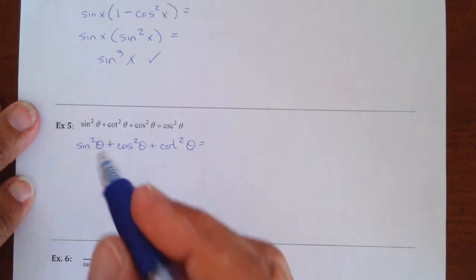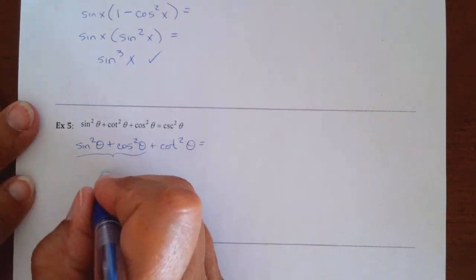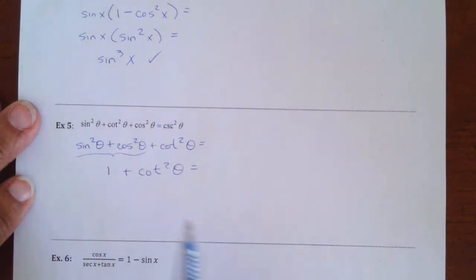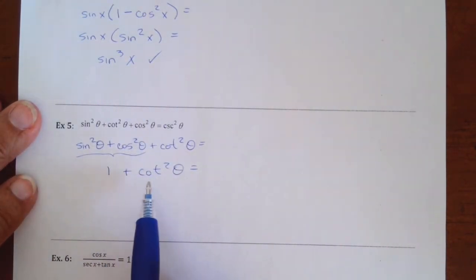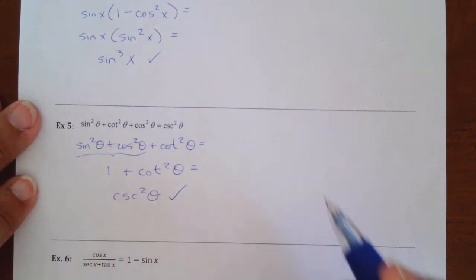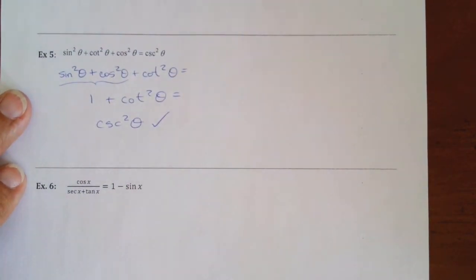So now that I see I have this together, that equals 1. That's a Pythagorean identity. So 1 plus cotangent squared, also a Pythagorean identity, which equals cosecant squared, which is what I was trying to get. Okay? So you can see it's very helpful to know these identities because in your head you're seeing kind of things as you go.